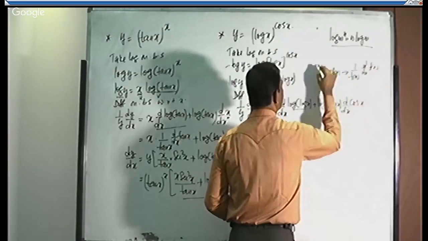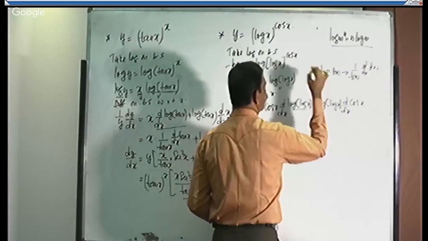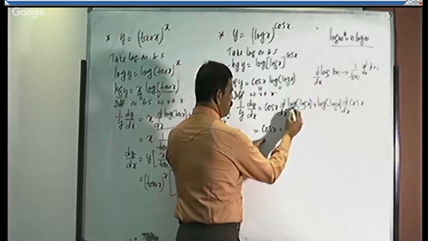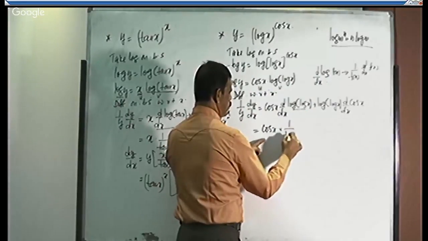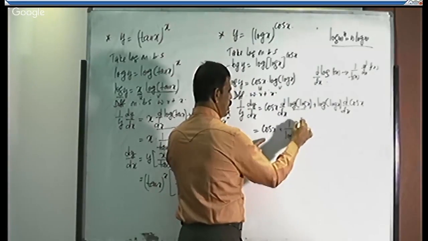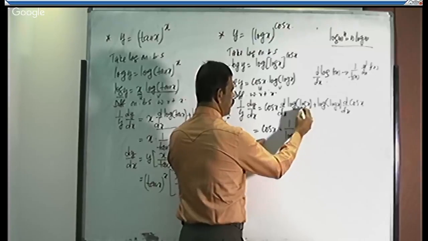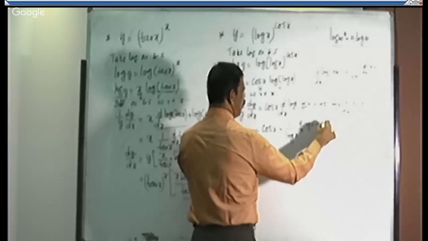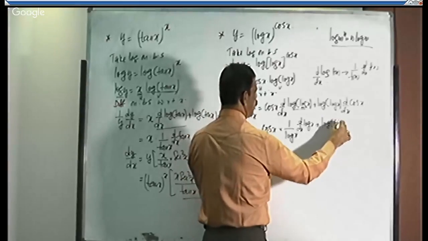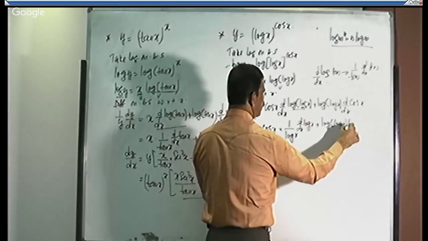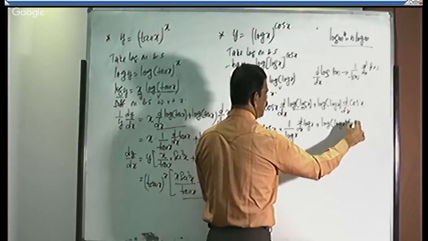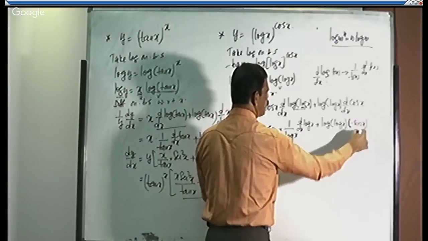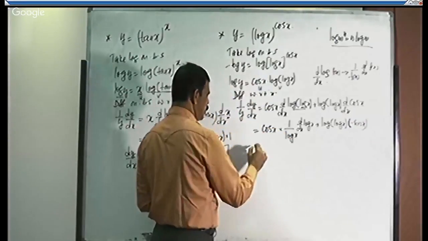So 1 by log x into d by dx of function, that is log x, plus log x into differentiation of cos x. We are getting minus, therefore put the bracket, right?